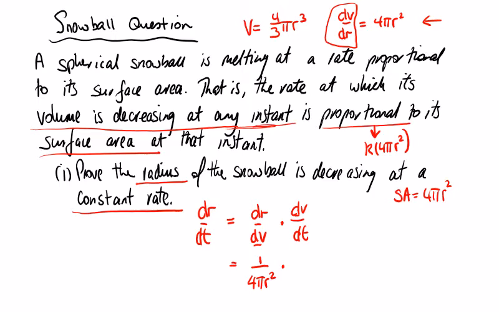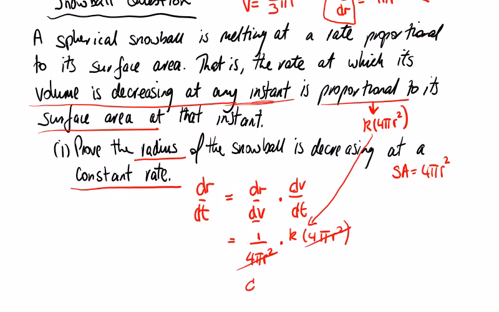So if we fill that in down here, this k times 4 pi r squared, you can see what's going to happen here. The 4 pi r squareds will cancel, leaving me with dr/dt is equal to k.